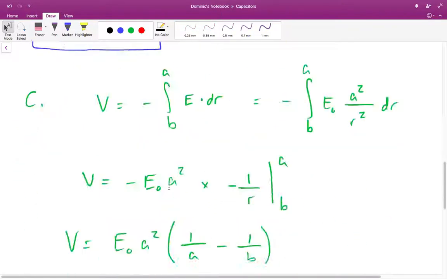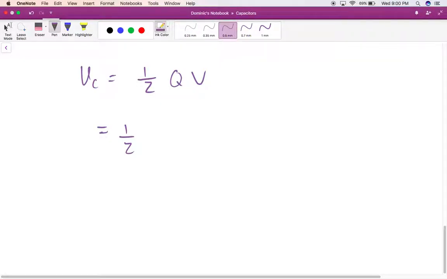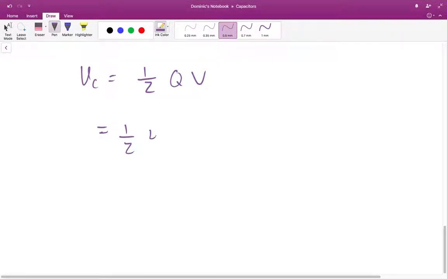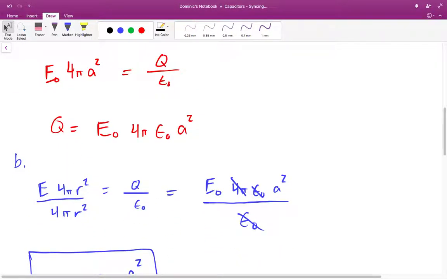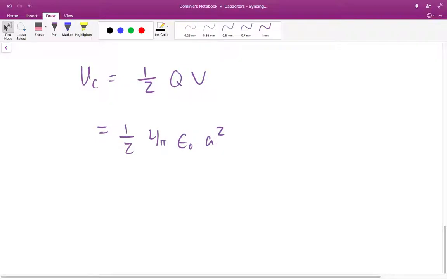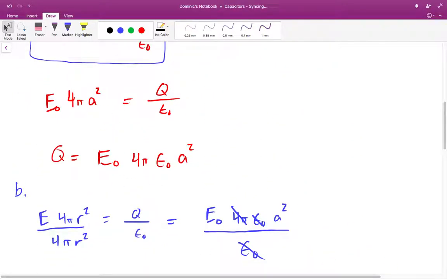And so we'll plug that in down here. Oh, I forgot the E naught. So E naught 4 pi epsilon naught A squared for our charge.